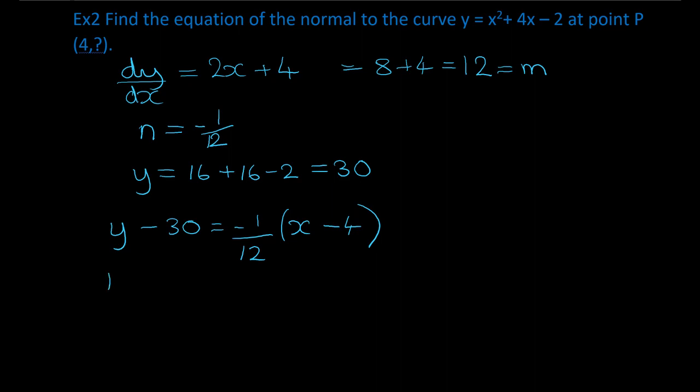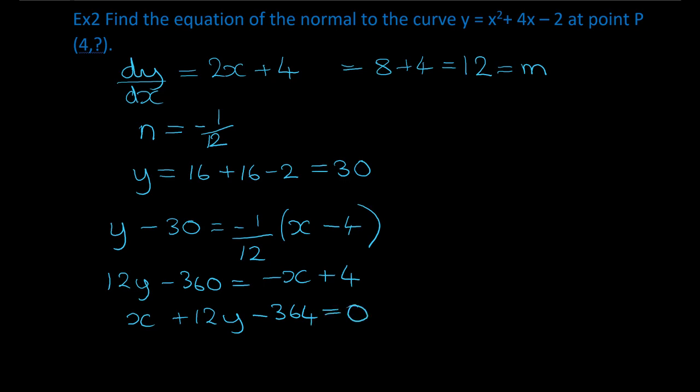So we're going to have 12y minus 360 equals minus x plus 4. And now we're going to put everything on one side. So we're going to have x plus 12y minus 364 equals 0.